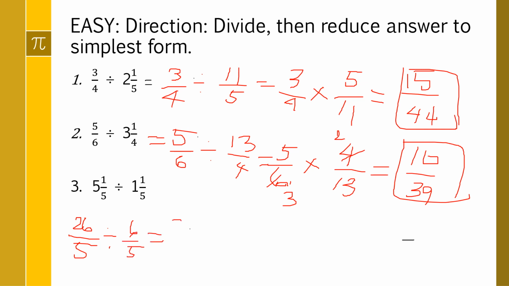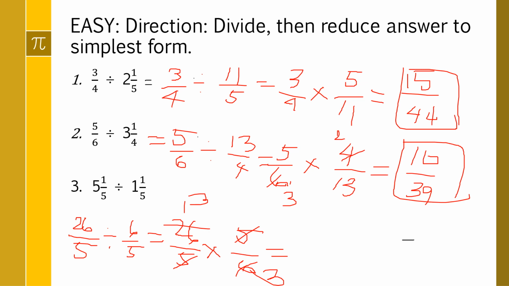So we have 26 over 5 times 5 over 6. This one is cancelled, and the GCF of 26 and 6 is 2. So we have 3, and this will become 13.